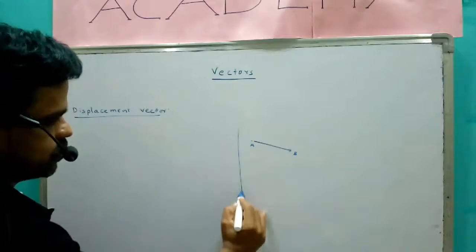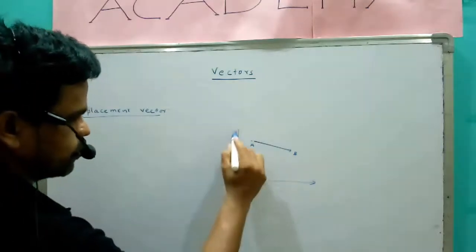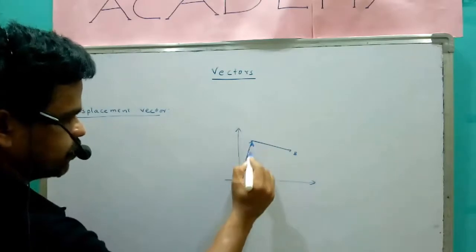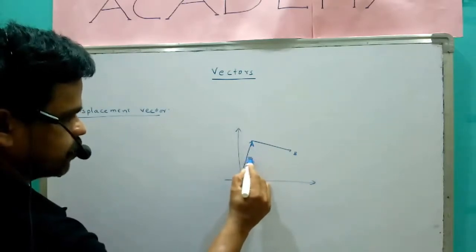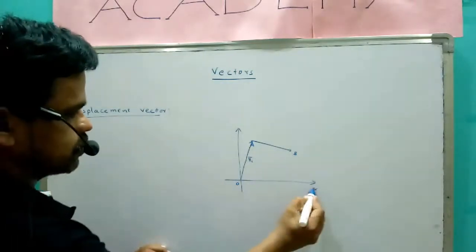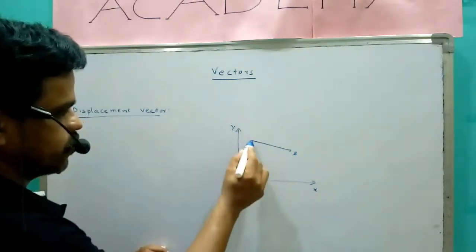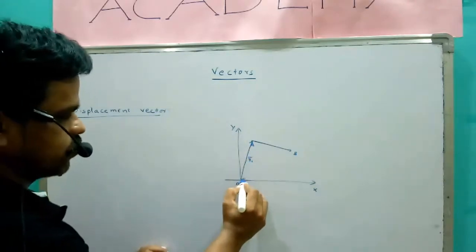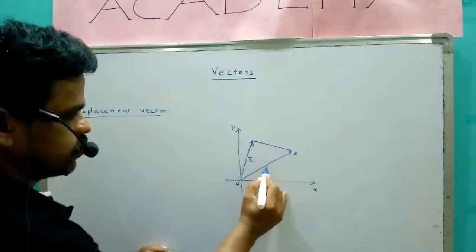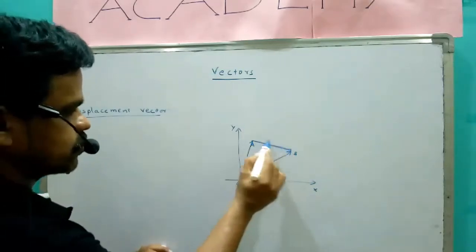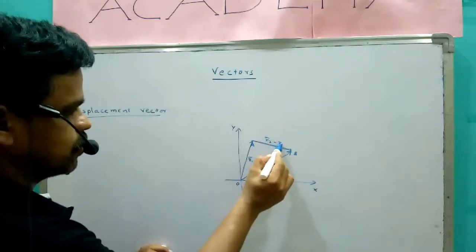From the origin, this is the x-axis, this is the y-axis. The initial point is A, and the position vector of A is R1. The final position is B, and its position vector is R2. So the displacement vector is R2 minus R1.